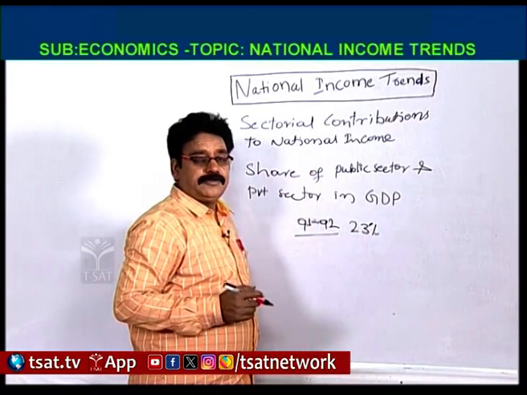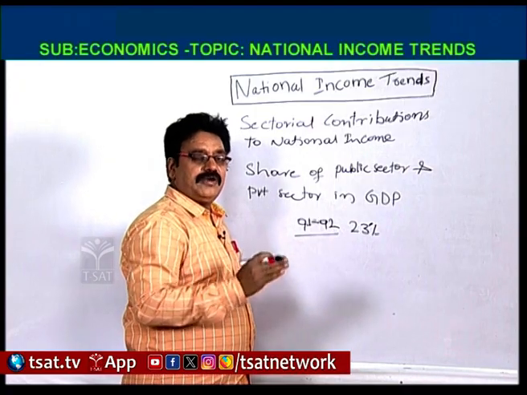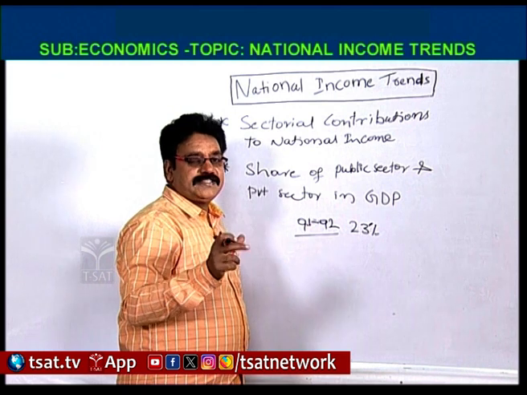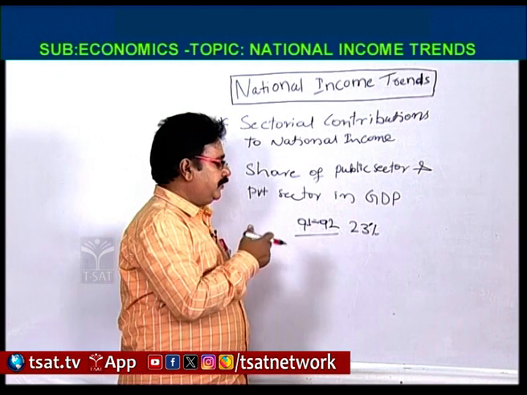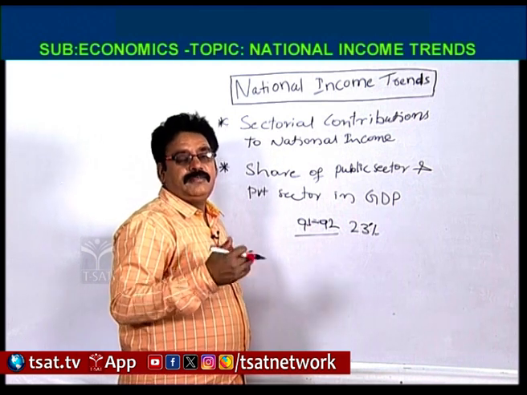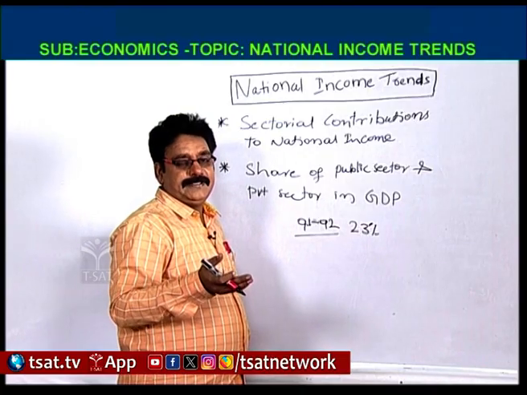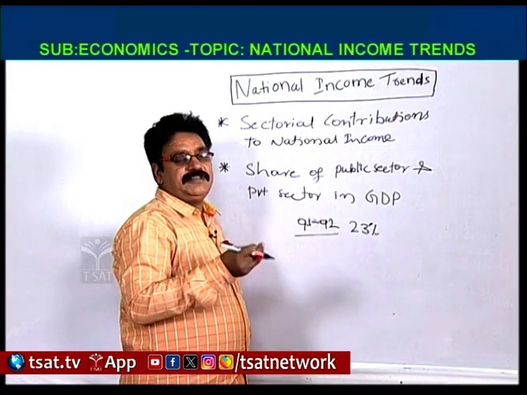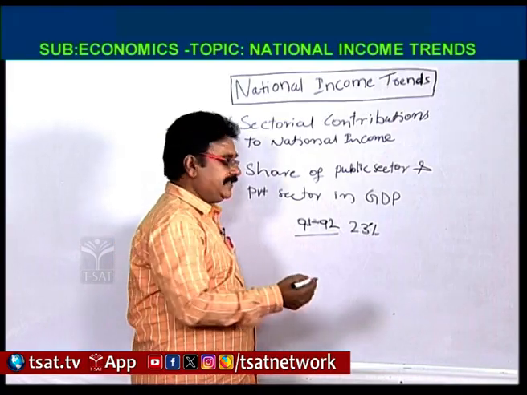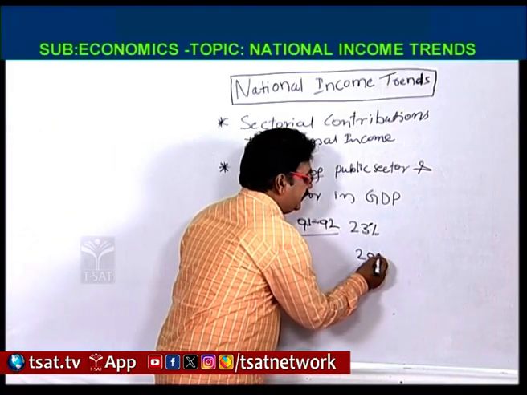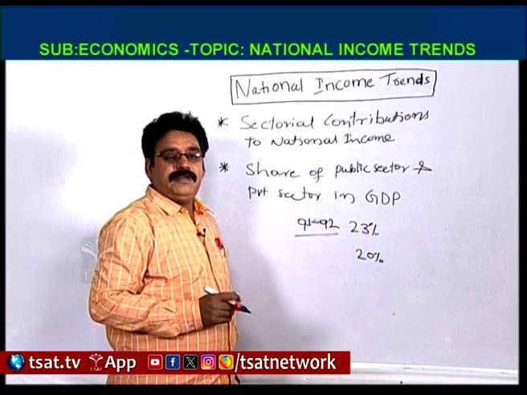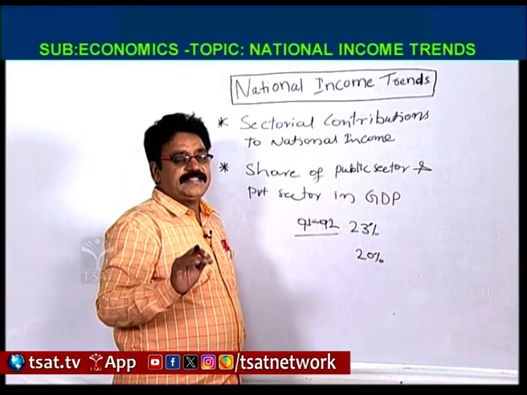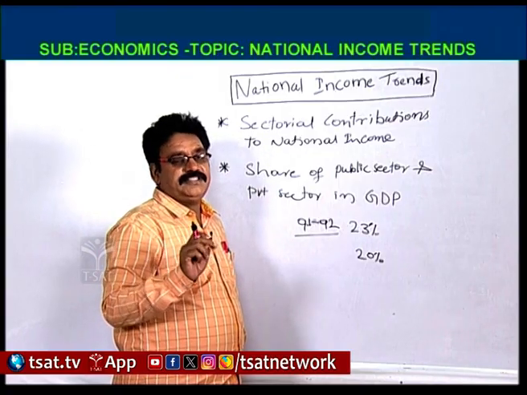But from 1992 onwards, with the liberalization and globalization process, due to the policy we adopted during the reforms, the private sector's role increased again, and the government sector's role decreased a little, from 23% to 20%. At present the public sector provides 20% and the private sector 80% of the GDP.